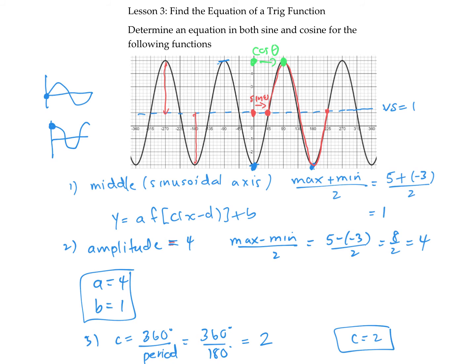I could go left and I wouldn't be wrong. So I could say it's also shifted left 90. So I could also put x plus 90. I could also go all the way over to here, but generally we like to go to the closest one in the positive direction. Although these are all other possible answers, generally we go to the right and we go in the positive direction.